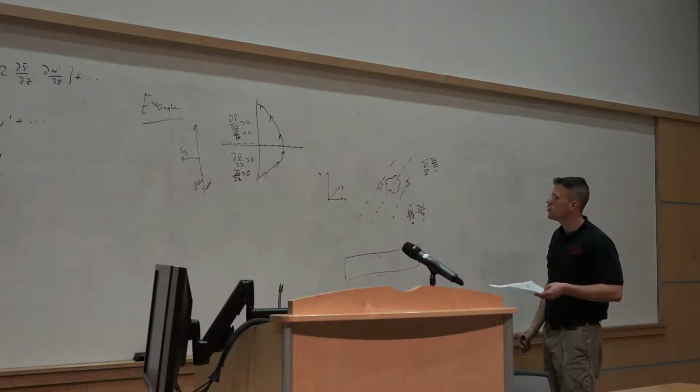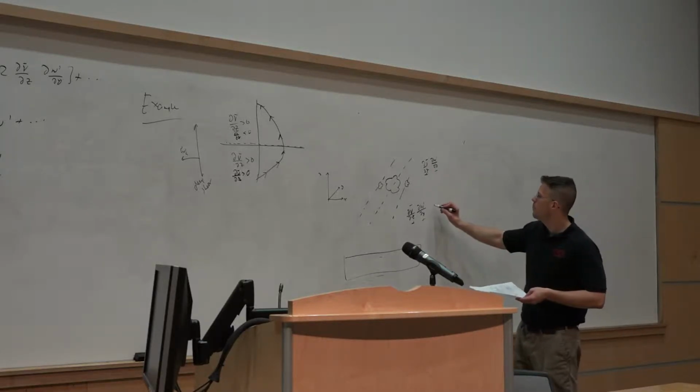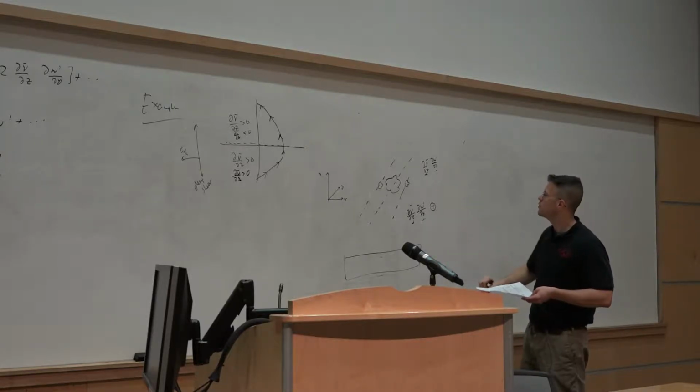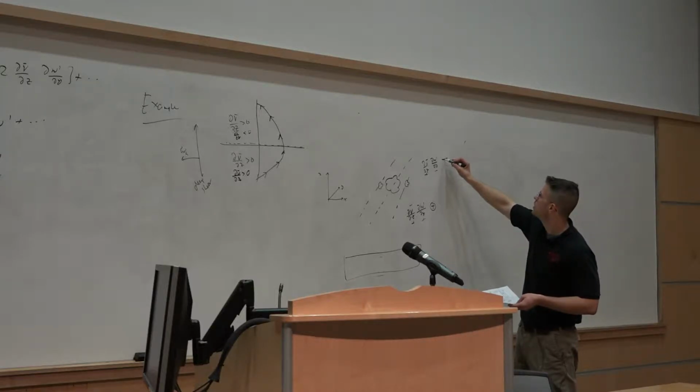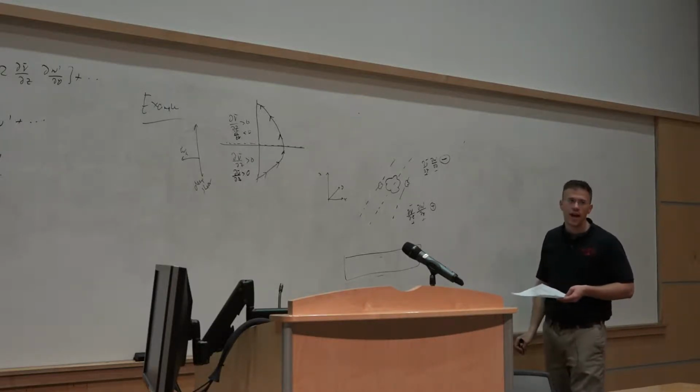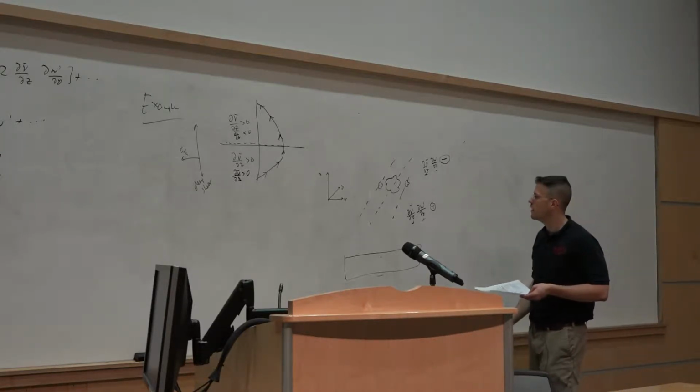So the result is going to be, in mid-level, positive perturbation pressure associated with linear effects up shear, and then down shear we're going to be associated with negative perturbation pressure associated with linear effects.